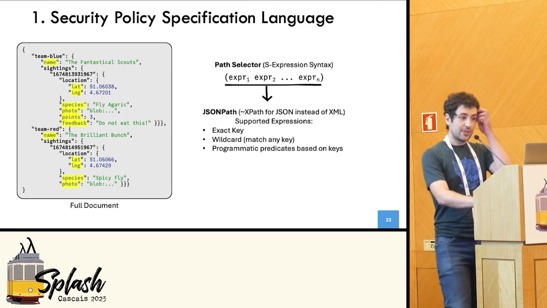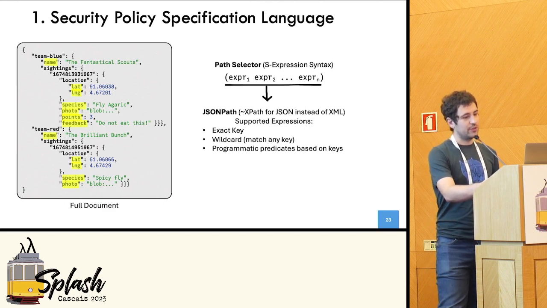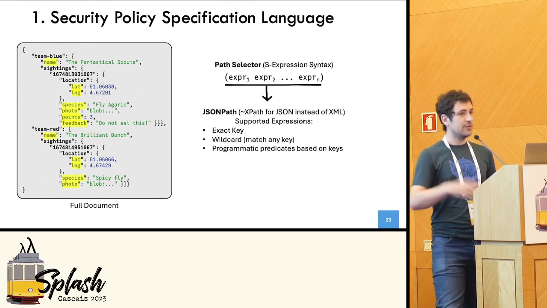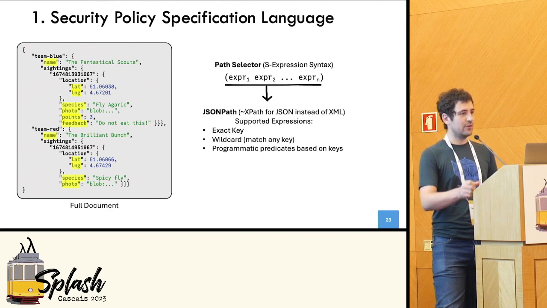The first step of the solution is for the leader to specify a security policy that grants a user access to a part of the document. Since data in a document is stored in the leaves, which I have highlighted in yellow, and since this document is highly dynamic, so it can continuously grow or shrink, we use so-called path selectors to select potentially multiple leaves of the document at once.